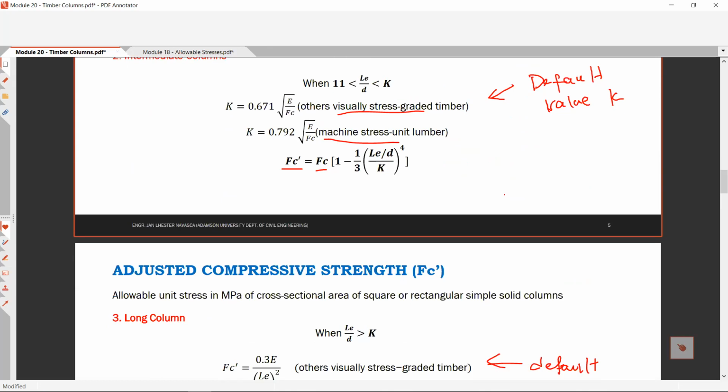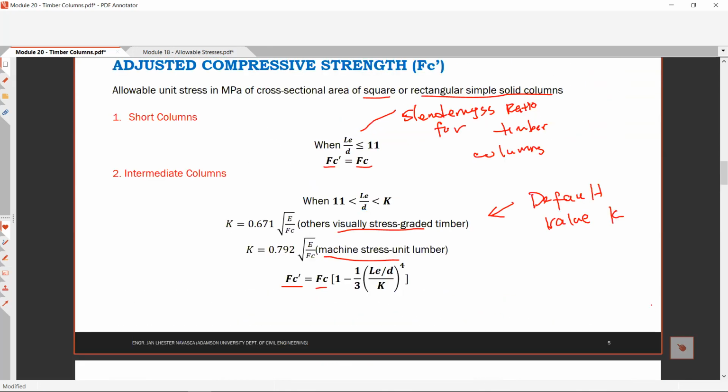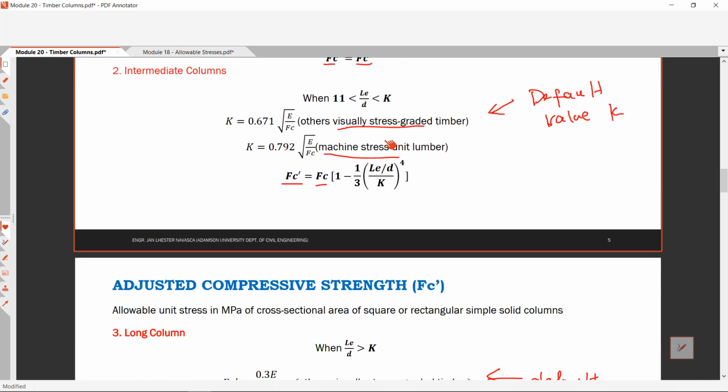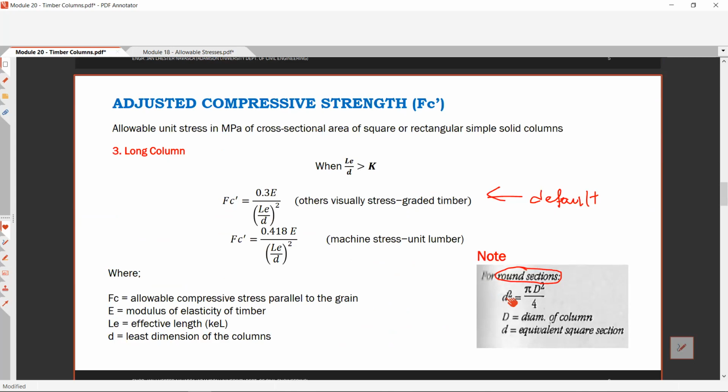If you have a round column, or a round section, you can still use these formulas. However, you need to find the equivalent square section. For example, you have a column of 125 mm. Get the area of that, so that is pi times 125 squared over 4. That is your area of the column, equal to D squared.